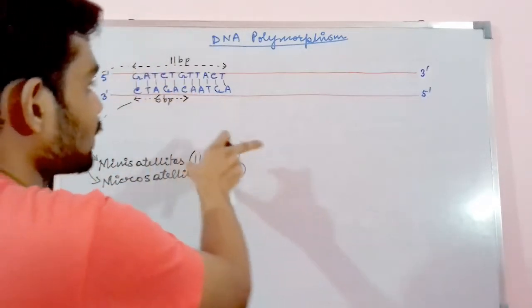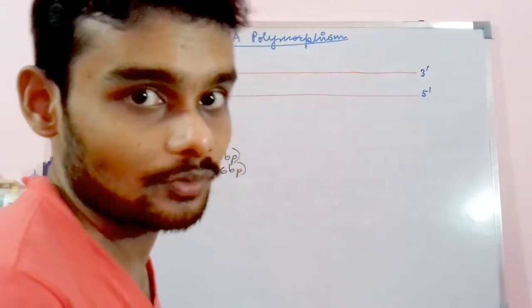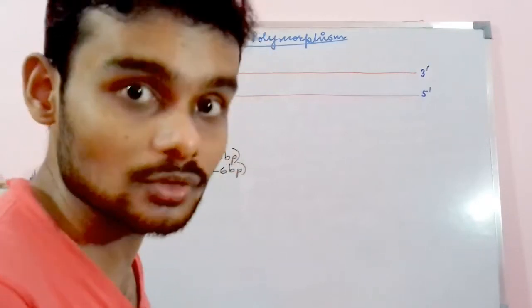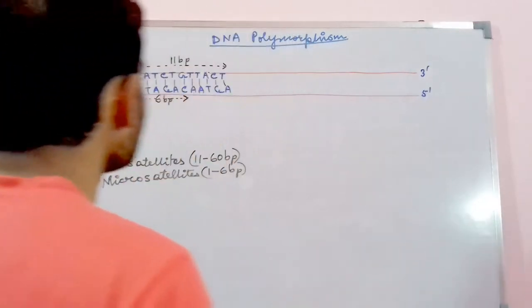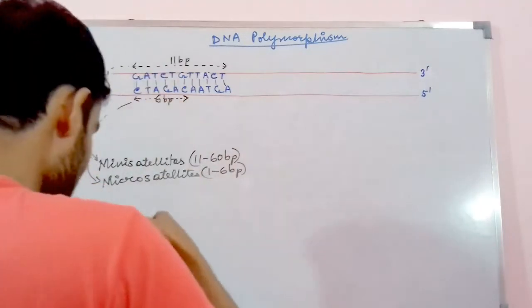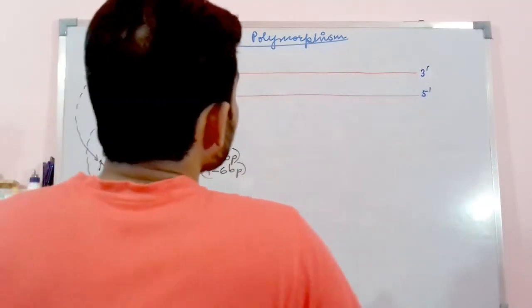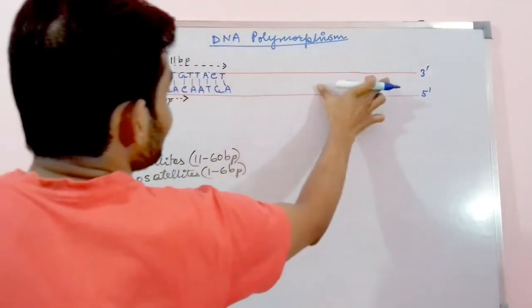Now it is seen that these satellite bodies are repeated in the same fashion in other parts of the DNA molecule, other parts of the chromosome. That is, the DNA means the chromosome molecule only. So I write this entire structure again here, I repeat this entire sequence here again.